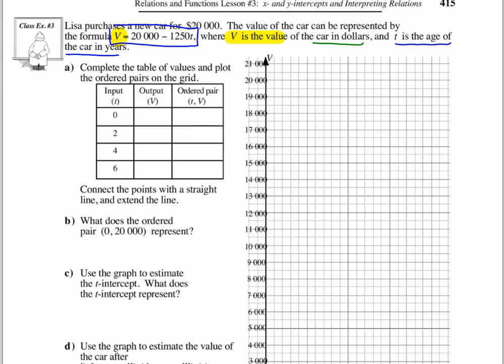If you compare it to a y equals equation, y is over here, the dependent variable. This will be the independent. This is always your input. You input the t, and out comes the V, the value. You input your time, the output is the value. Okay, so we're going to put in time. We're inputting 0. Grab your calculators, everybody.